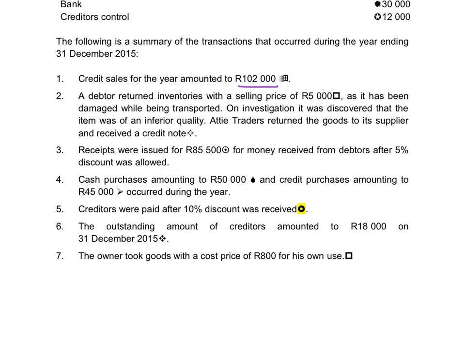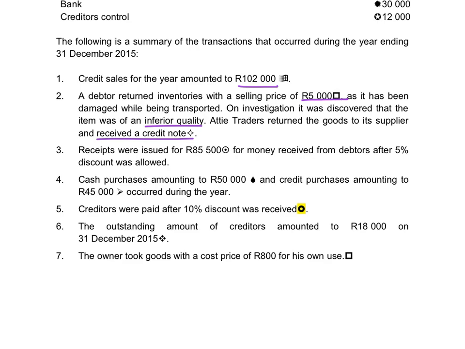A debtor returned inventory with a selling price of 5,000 as it had been damaged while being transported. On investigation, it was discovered that the item was of inferior quality. Ati Traders returned the goods to its supplier and received a credit note.